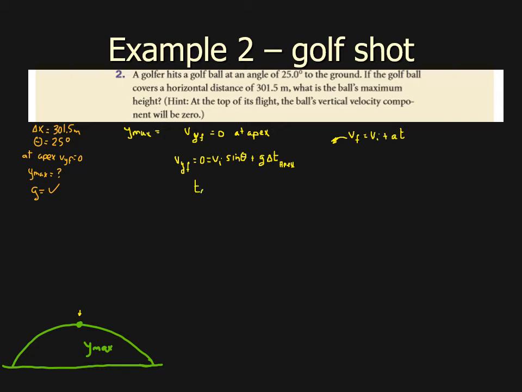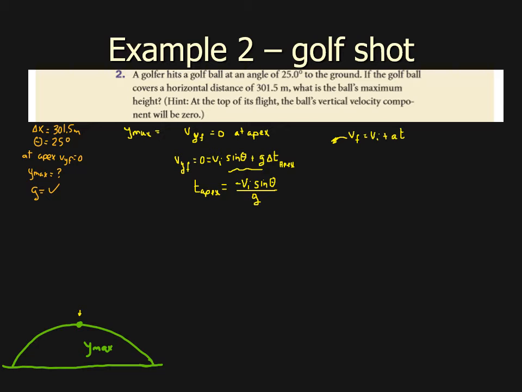So time at the apex equals negative initial velocity multiplied by the sine of the angle, divided by gravity. I'm just rearranging this up here to solve for time. Now I don't have values to substitute in yet because I do not know the initial velocity, and I do know the angle, so I have two unknowns in this question, but this is a good arrangement. So as soon as I get an initial velocity, I can solve for the time.